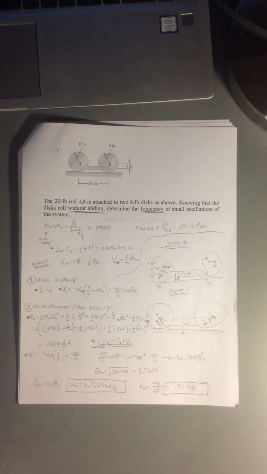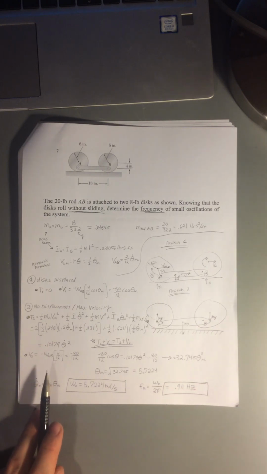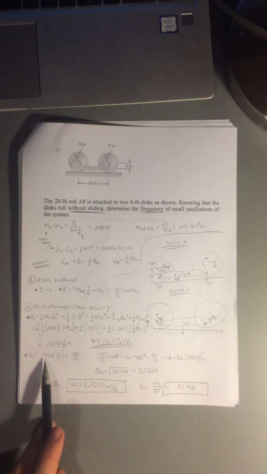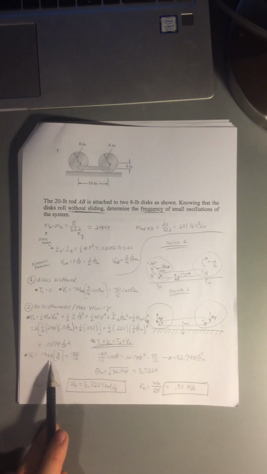And then for our potential energy at position 2, there's no cosine angle because it's not displaced, but we still have negative omega AB, or WAB, times 4/12, which is the 4 inches converted into feet, which gives us negative 80 over 12.